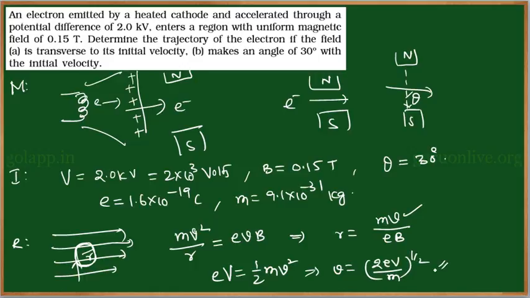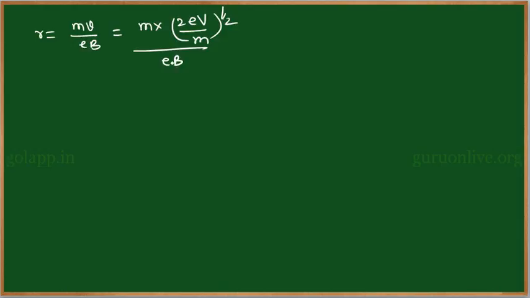Using these two formulas we can find the radius of the curved path taken by the electron under the magnetic field. r is equal to mv by eB, that implies m into, I'll substitute the value of v, (2eV by m) whole to the power of half divided by eB.